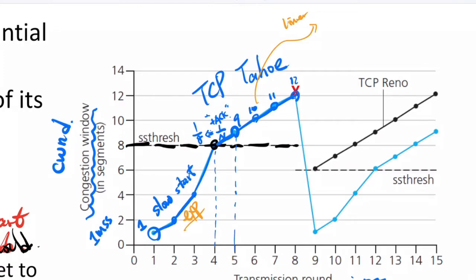So let's assume that at congestion window size 12 maximum segments, the timer times out. Then this algorithm is what we call TCP Tahoe.